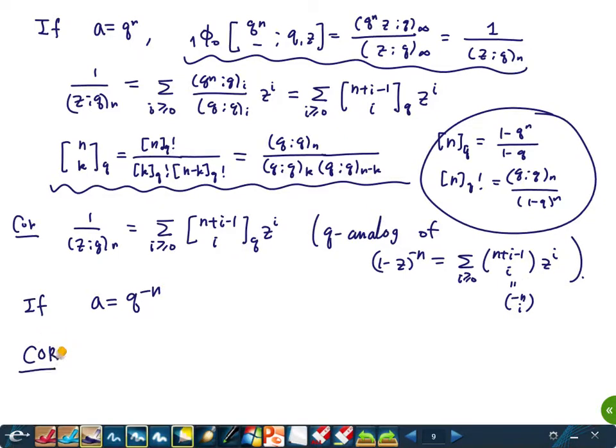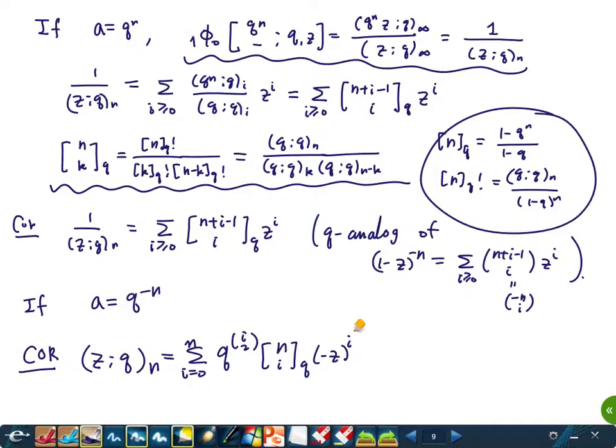The same idea: you just simplify this or change it to a familiar term, then you get this. This is a q analog of minus z to the n.